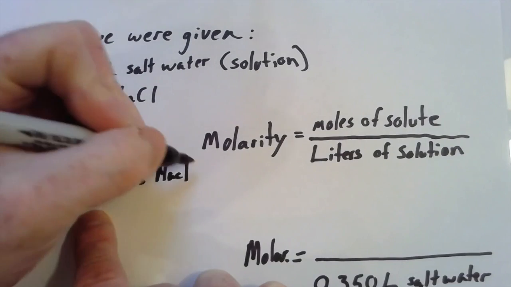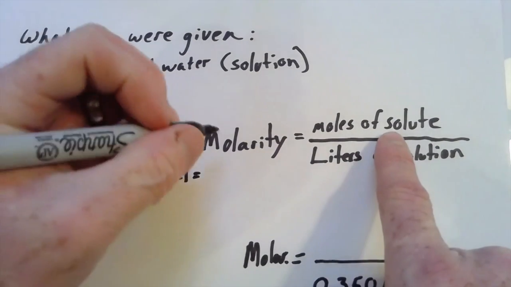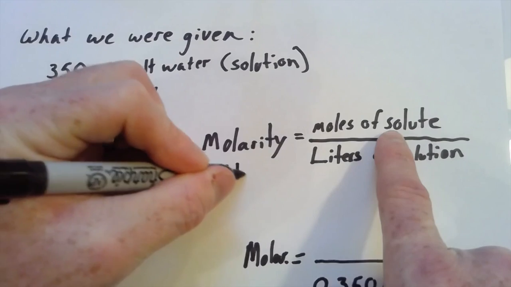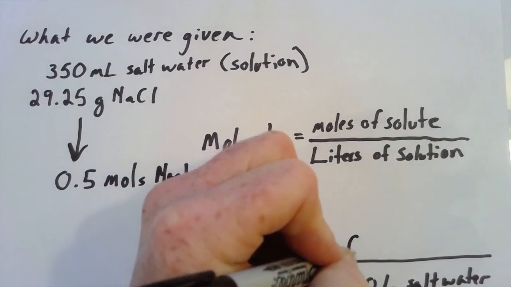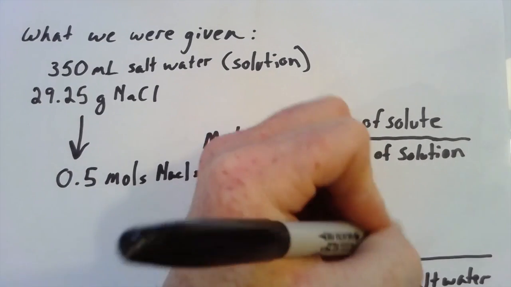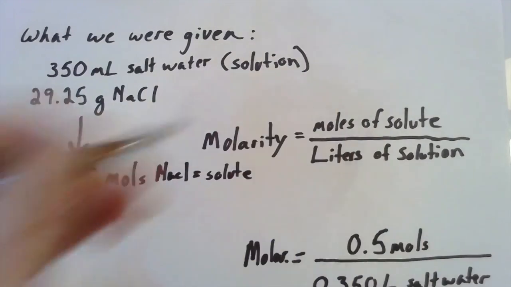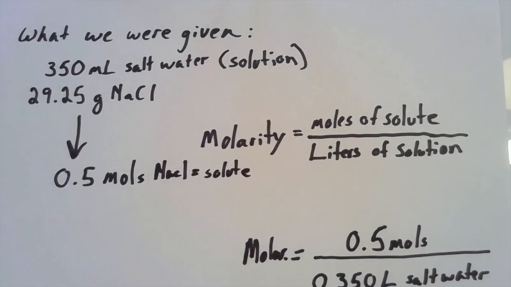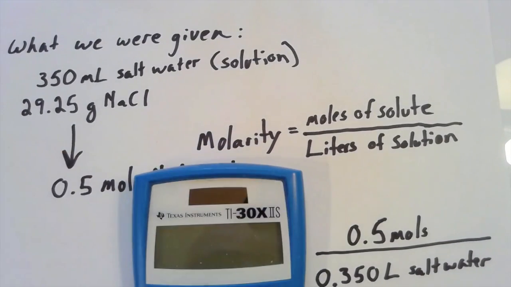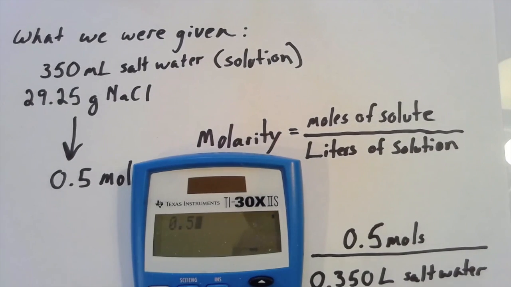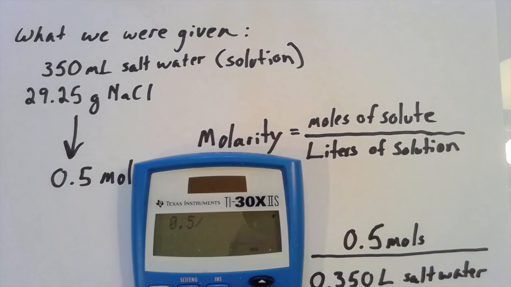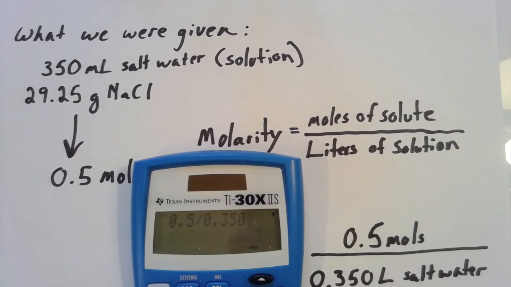And this, remember, is our solute. So all we need to do now is take 0.5 and put it in the numerator and simply do our calculation. We can say 0.5 divided by 0.350. When we hit enter, we get our molarity.